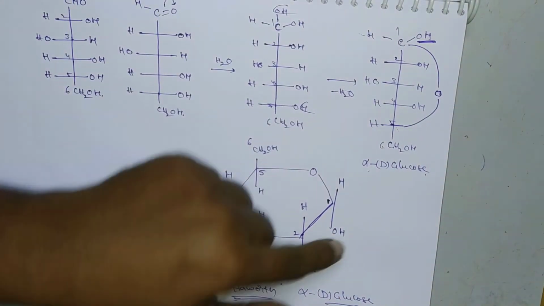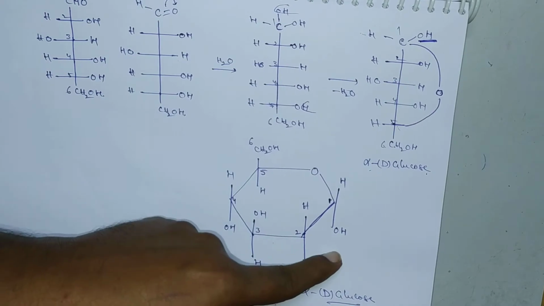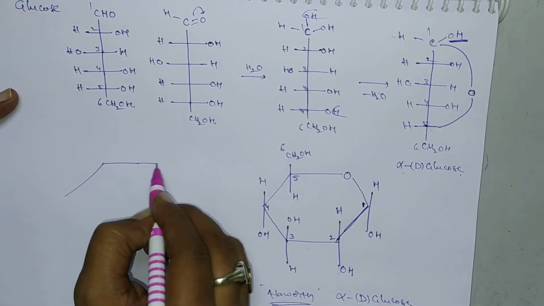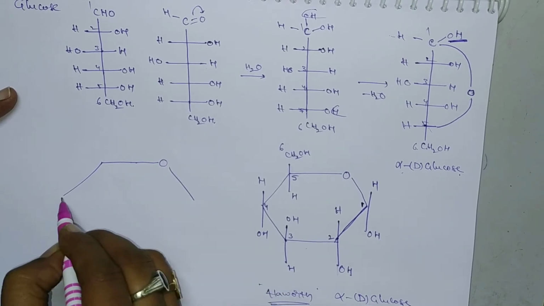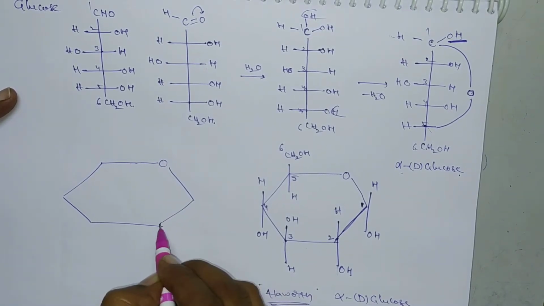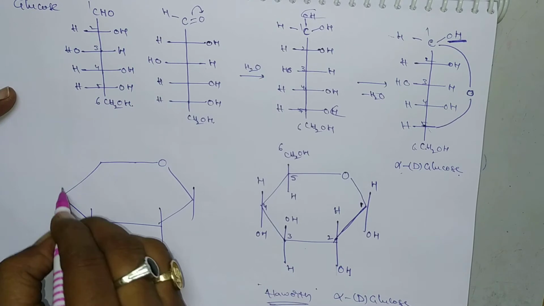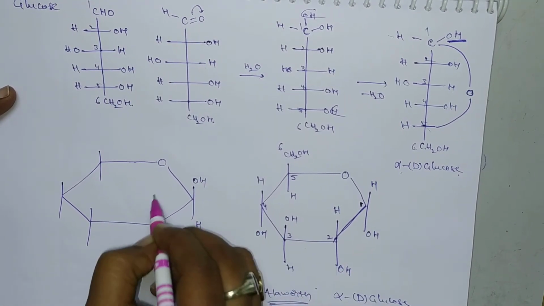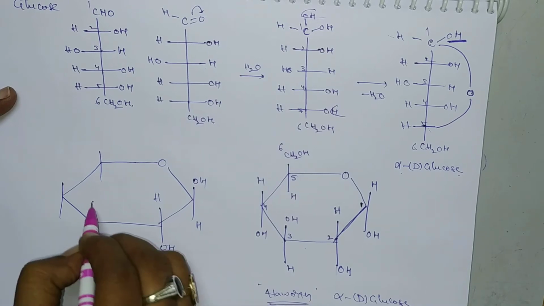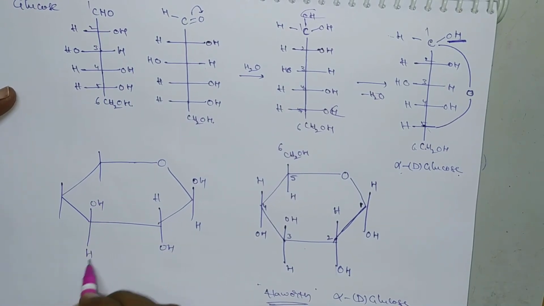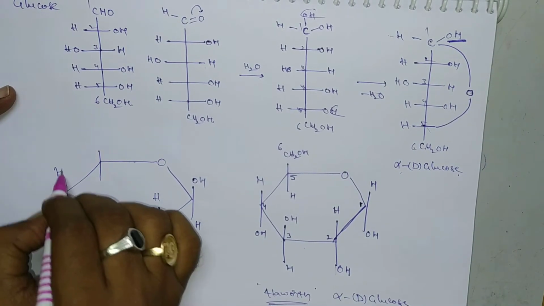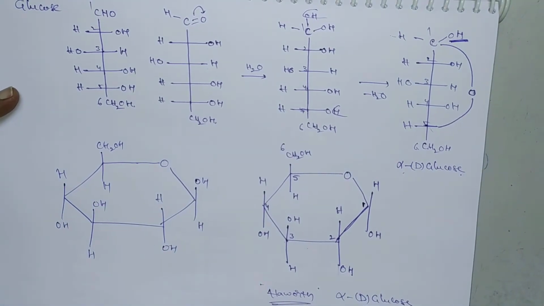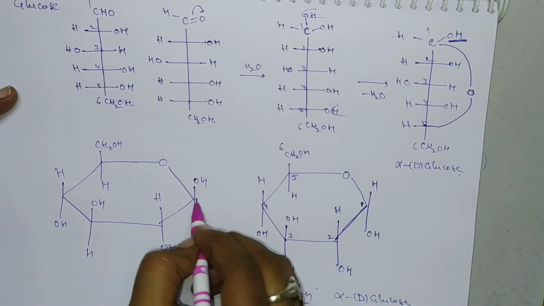So OH is present here and H is present here. Here it is the first carbon. So OH and H, remaining is same. CH2OH and H. We are just interchanging the first carbon here.